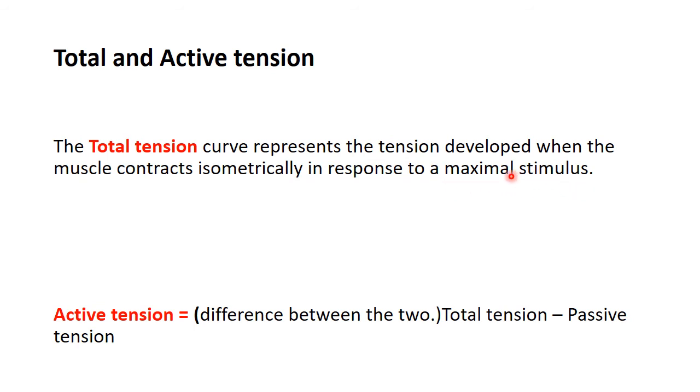So maximal stimulus, isometric condition, and then the tension developed is known as total tension. And the third terminology is active tension. If we deduct passive tension from the total tension, it gives you active tension. Active tension is the difference between the two, that is, total tension minus passive tension.